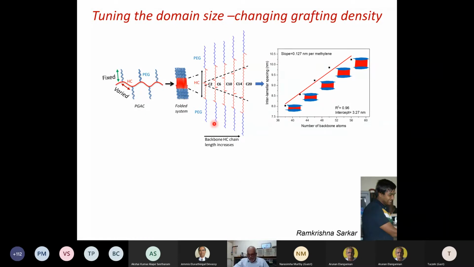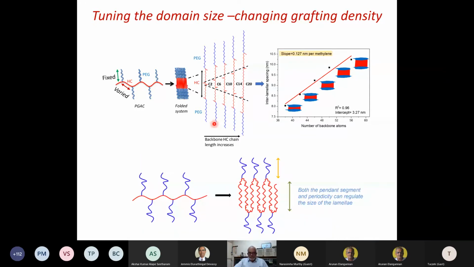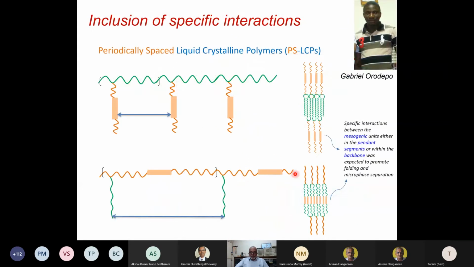Okay, so in other words, the backbone actually undergoes a zigzag folding. This is a matter of detail, I'll skip it. So in some sense, the summary really is that you can change the periodicity of the occurrence of these segments, or you can change the length of this, and both of which allow you to control the segment. Now, Gabriel went on to do something else.